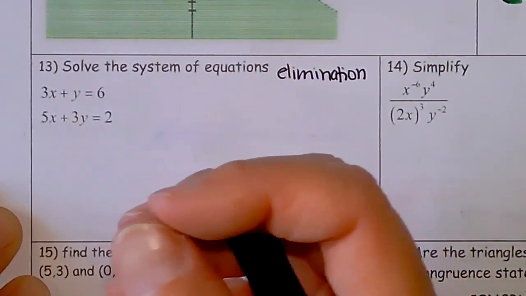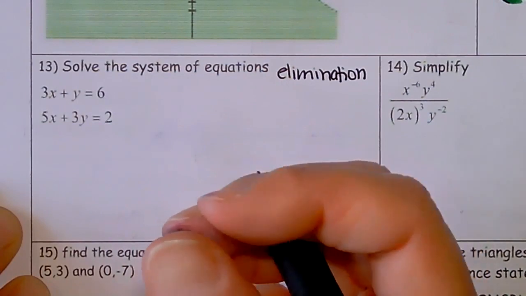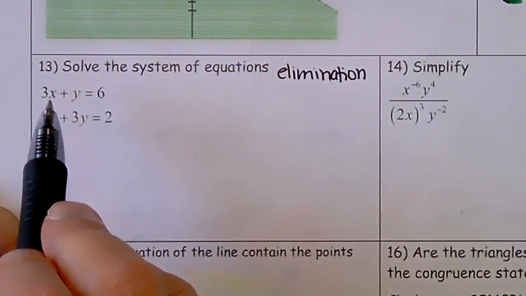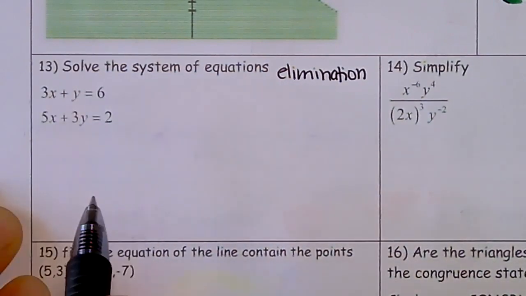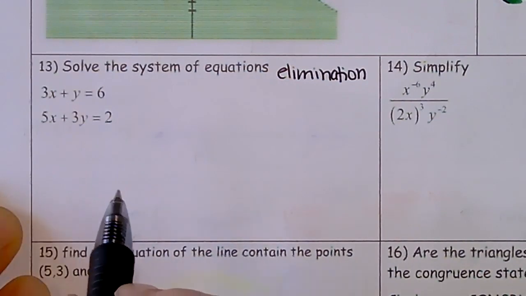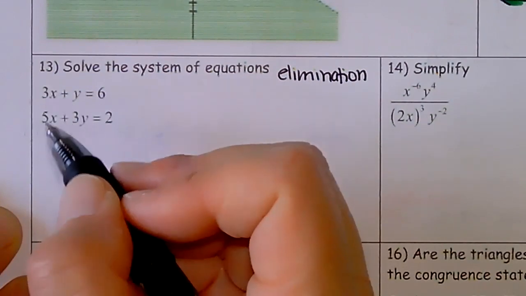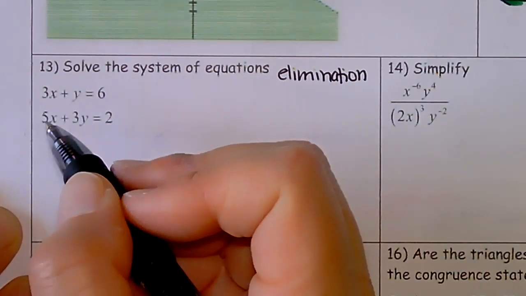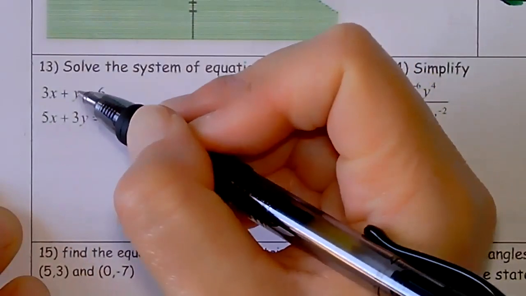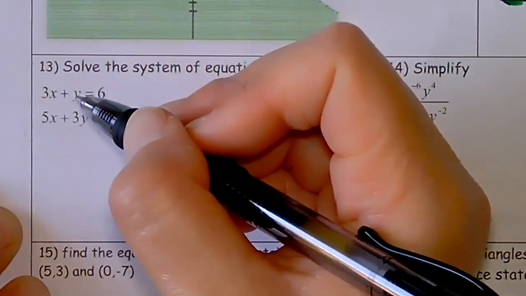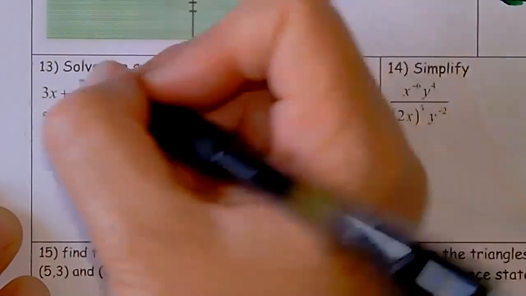But sometimes you might have to multiply one or both in order to get them to cancel out. So if I was to just add, I get 8x plus 4y, nothing canceled out. That is no help. We want to either have our x's cancel out, which means that these would be like a 15, one of them positive, one of them negative, or my y's, which means I could multiply this one by a negative 3. That's my easier choice.